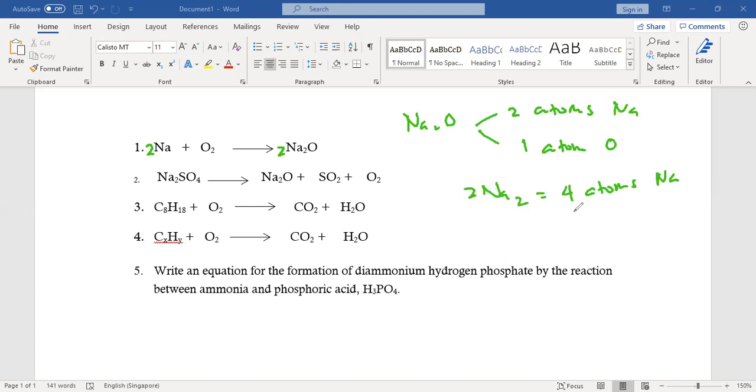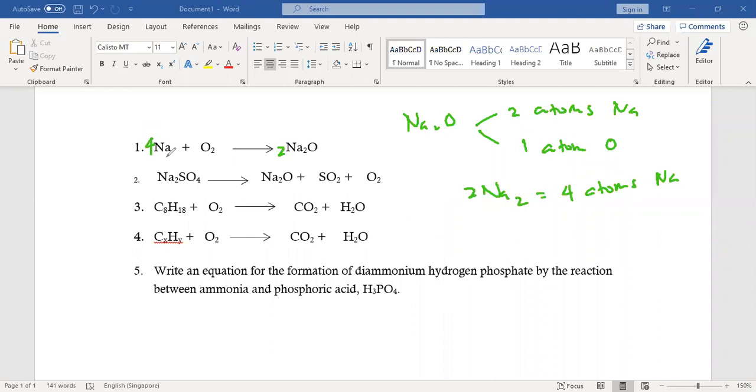So 2 times 2 equals 4. So 4 atoms of Na. Now it will not match the one that we already wrote here. So instead of writing 2, I can change this one into 4, because 2 times 2 is 4. Okay, that's how you do it.